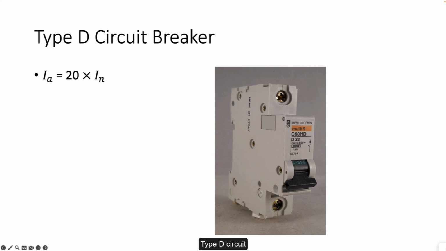The Type D circuit breakers trip at a level between 10 to 20 times the rated current I subscript N. This means that the circuit breaker will instantaneously disconnect the circuit if the current reaches a value that is 10 to 20 times the normal or rated current.